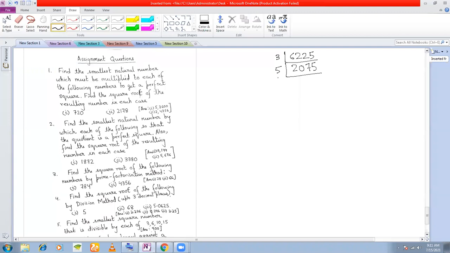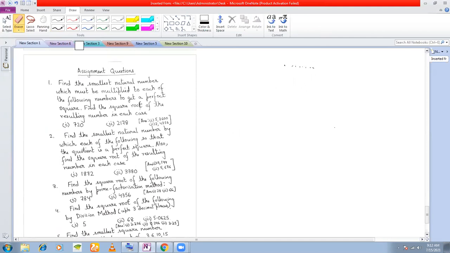Next we try 5: 5 into 415, and again it will go with 5, 83. So 83 is a prime number, right? You cannot factorize it any further. So therefore 6225 is 3 into 5 square into 83. That's it. Did you understand? So 83 is a prime number, you cannot factorize it any further, so you leave it there.